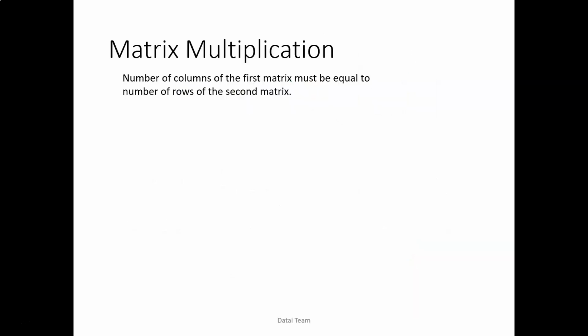Now let's continue with matrix operations. We have matrix multiplication. There is a fundamental rule. The number of columns of the first matrix must be equal to the number of rows of the second matrix. What I mean is that, let's say that we have A by B and B by C, and we are multiplying those two matrices, and the result will be an A by C matrix.